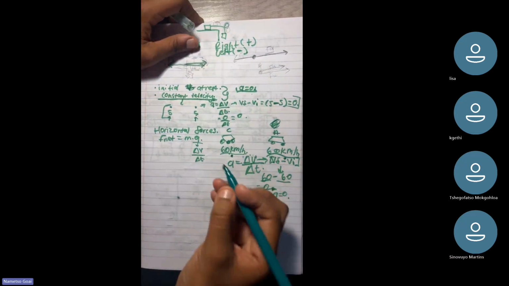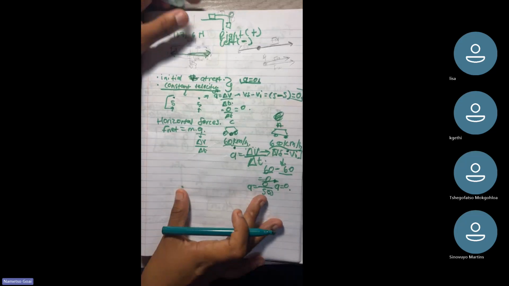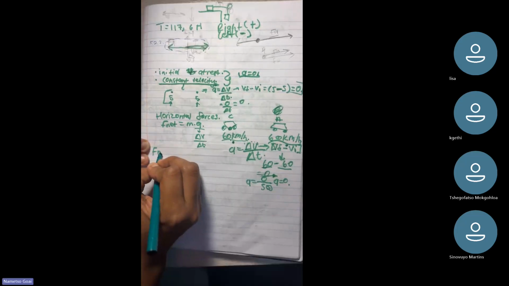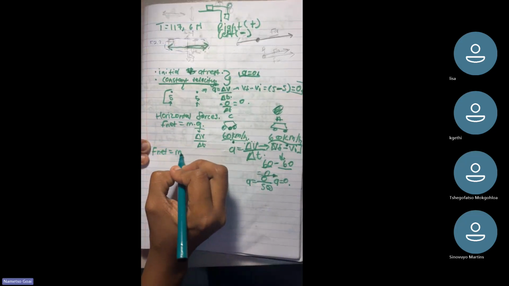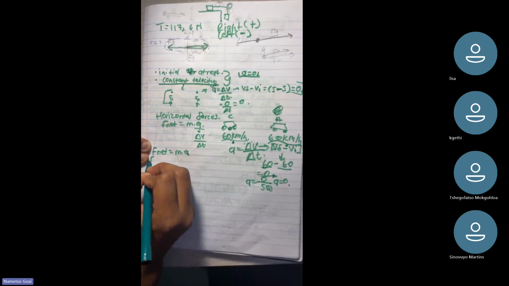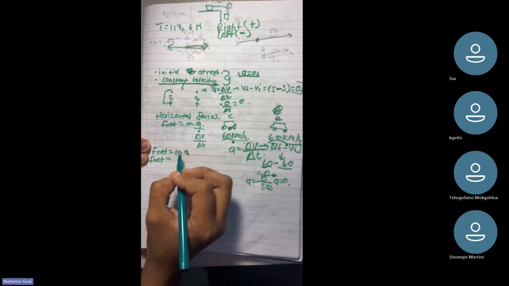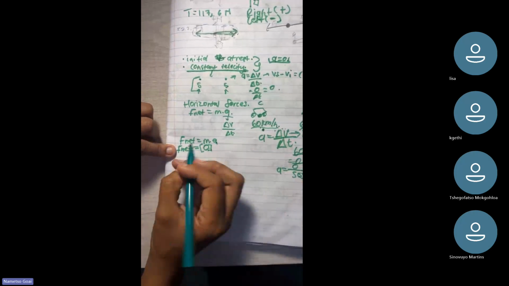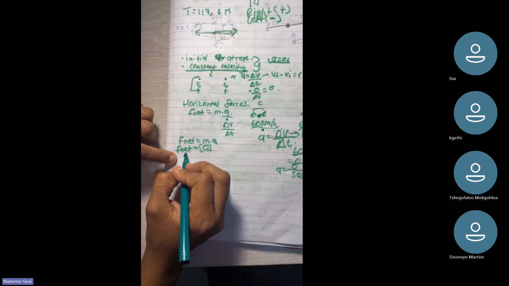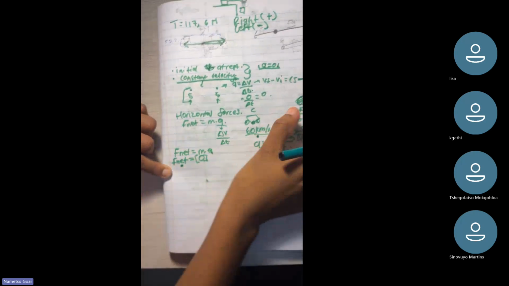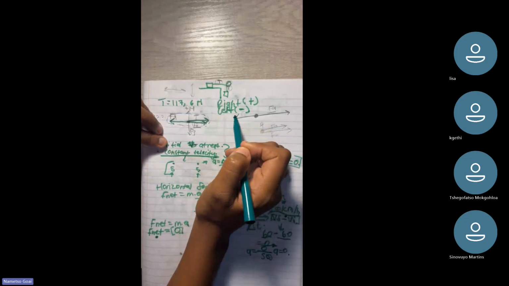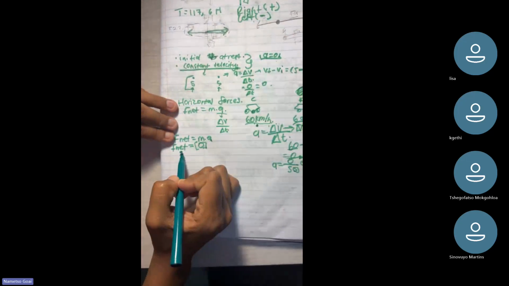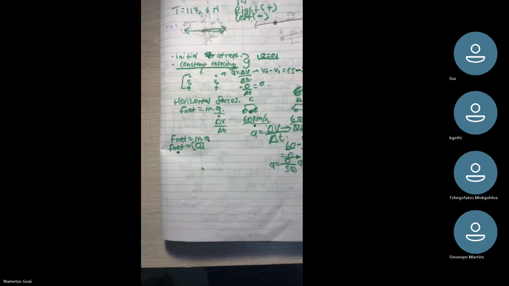Okay, great. So we will have F net equals to M dot A, where F net will be equal to 0, right? Now, I was saying, show me how you would substitute all the forces acting in the x-axis. Remember, we took right as positive and left as negative. So tell me how you would substitute them here.